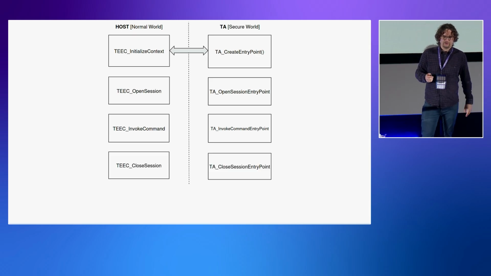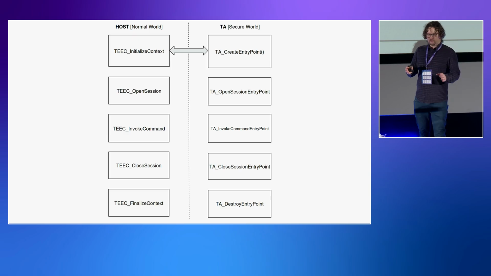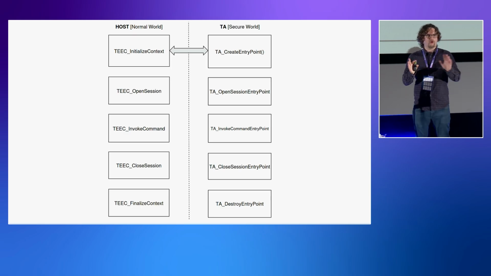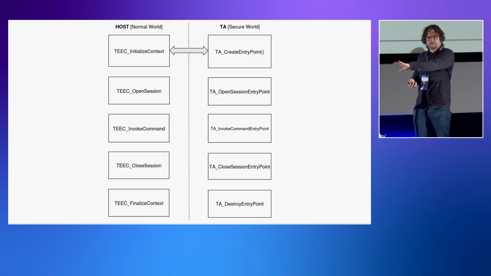And once the work finishes, we call close session and then finalize context. And on the TA side, we have close session entry point and destroy entry point. And these methods are obligatory. It will not work if you don't implement all of them. It has to work like this. Always the communication starts from the host, the client part, and it is handled by the server, the TA part.